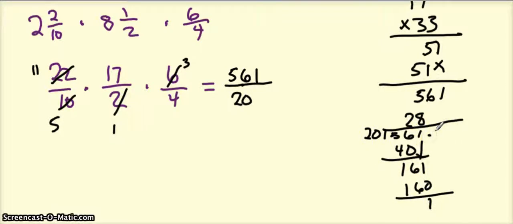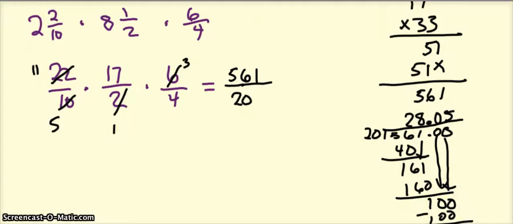And if I want to keep going, I'm going to add a 0, bring it down. 20 can't go into 10. And of course, bring that decimal up. 20 goes into 10 0 times. Add 1 more 0, bring that down. 20 goes into 100 5 times. 5 times 20 is 100.